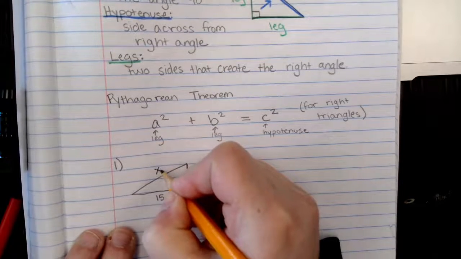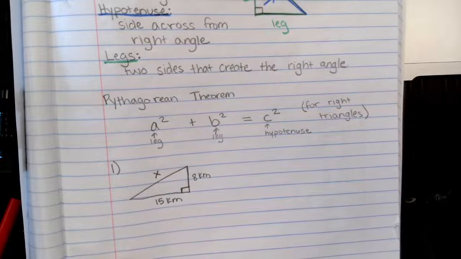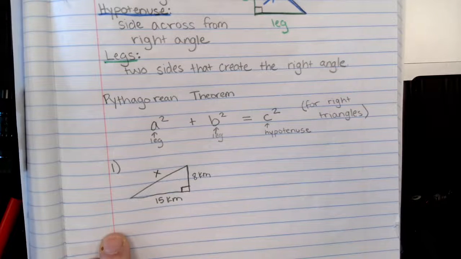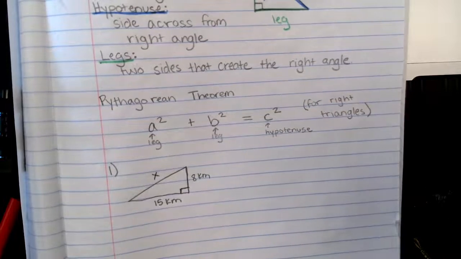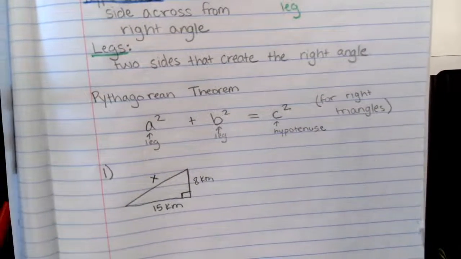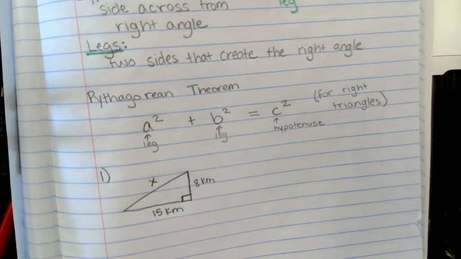Alright, first thing I'm always going to ask myself is which one is the hypotenuse? Is it the 8, the 15, or the x? In this case, the hypotenuse is across from the 90, so it's x. Which means my other two are called what? Legs.